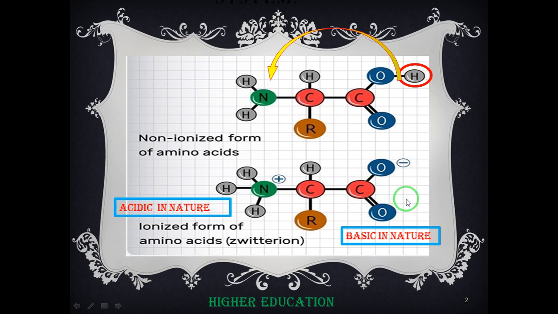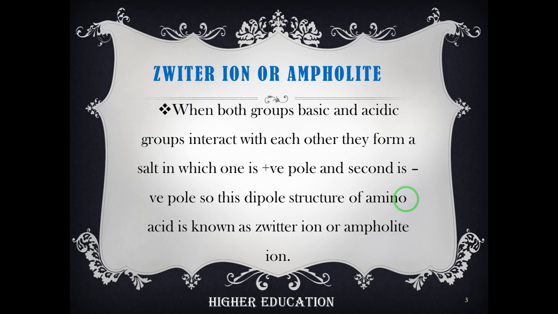So what is an ampholyte ion or a zwitterionic structure? You know that when acidic and basic groups interact with each other, they simply form a salt. Like that in an amino acid, when they interact with each other, they form a dipole structure.